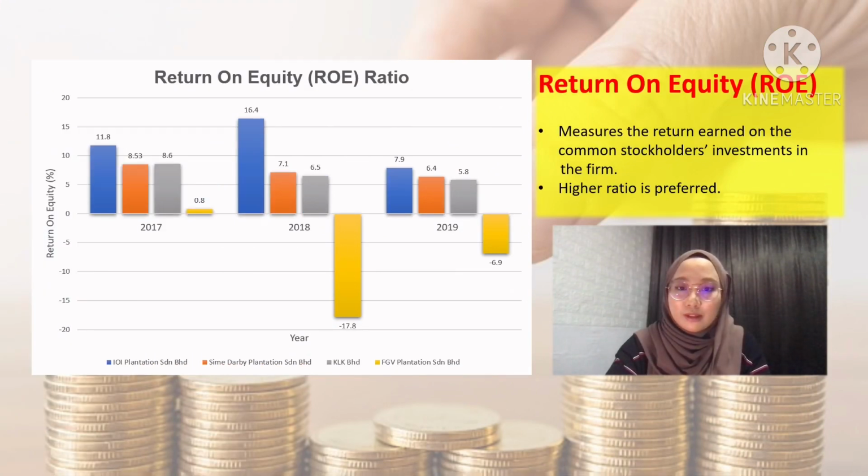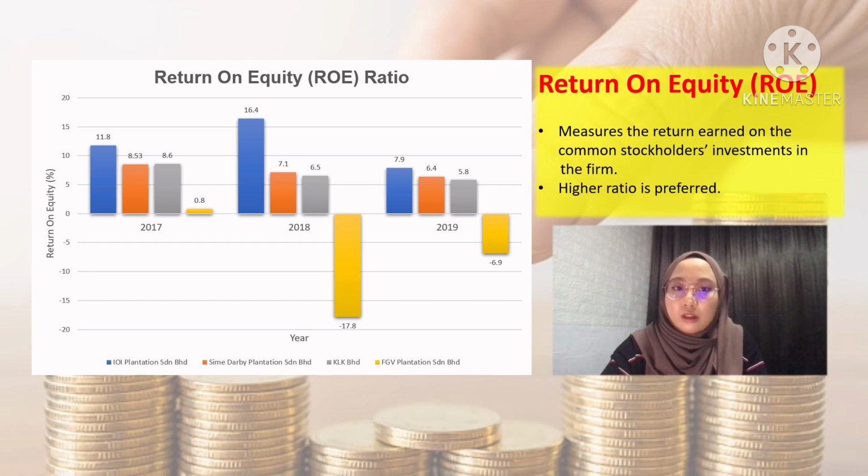Next, let's look at the return on equity, ROE. ROE measures the return earned on the common stockholders' investments in the firm. A higher ratio is generally preferred. By looking at the graph, in year 2017, IOI Plantation has the highest ROE as compared to the rest.